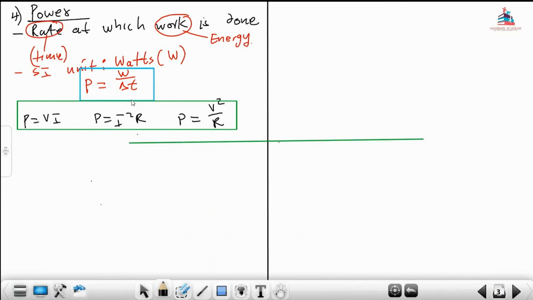And we say we have now resistors in series and resistors now in parallel. So remember what we said earlier on. We said I total is equals to I1, which is also equals to I2. We also said now for parallel, I total is equals to I1 plus I2.